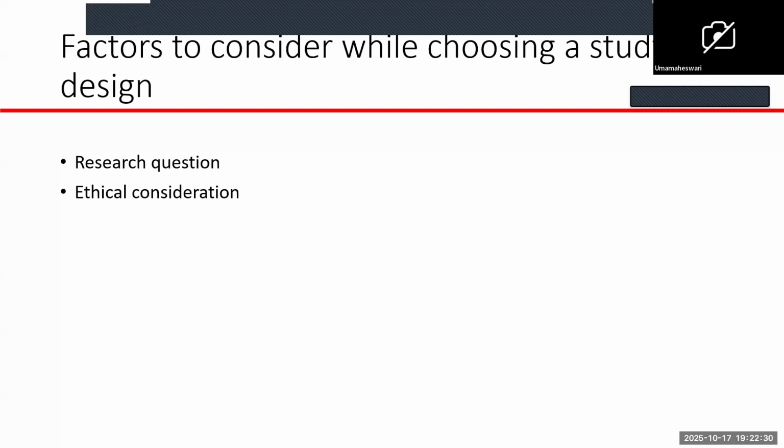Second, ethical consideration changes the choice. Then your time: whether I want to finish the study in a short period or can go for a longer period. Then your resources: time, man, money, material, all of these decide which design I'm going to choose.